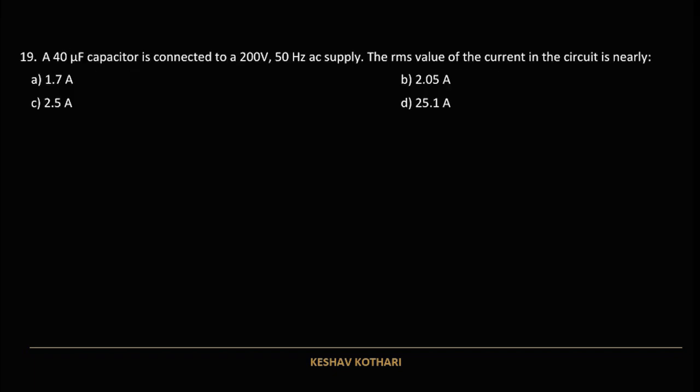It is asking: a 40 microfarad capacitor is connected to a 200 volt 50 hertz AC supply. The RMS value of the current in the circuit is near. So for this particular case, we are saying that the capacitance is equal to 40 microfarad and it is connected to 200 volt supply. So it is implying that this value is equal to E RMS. So E RMS is equal to 200 volt and the frequency is equal to 50 hertz.